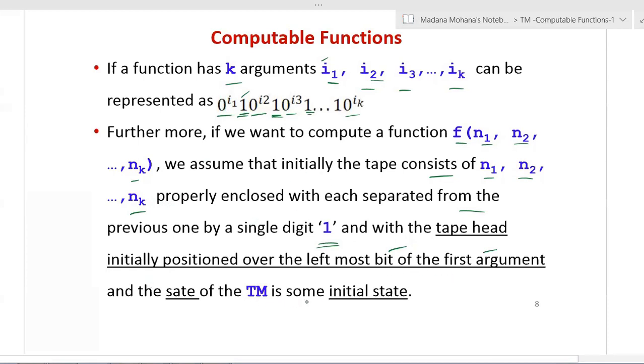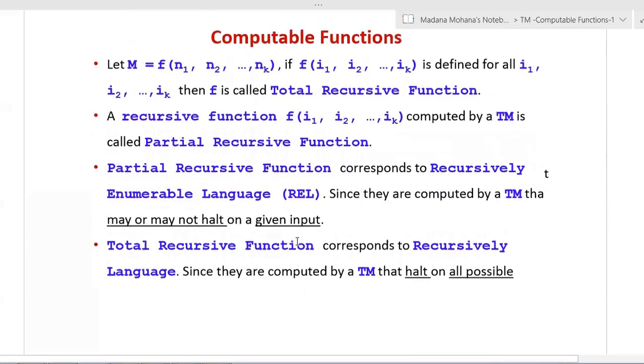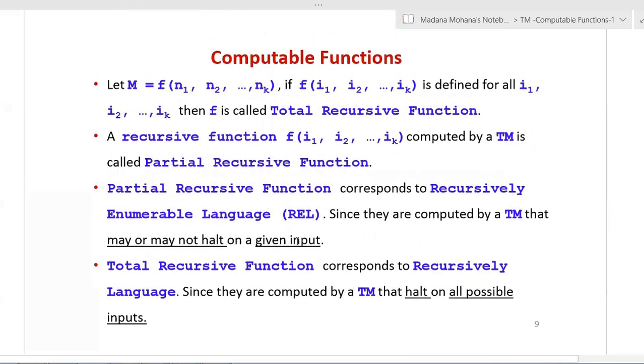The state of the Turing machine is some initial state, as usual in the design of a Turing machine for a language. Then let m equal f of n1, n2 and so on up to nk. If f of i1, i2 and so on up to ik is defined for all i1 to ik, then the function f is called a total recursive function.